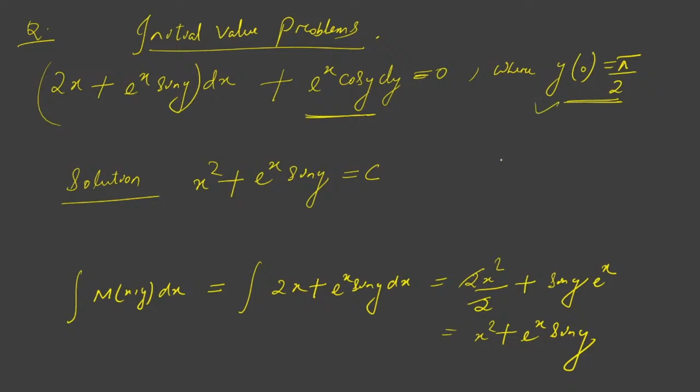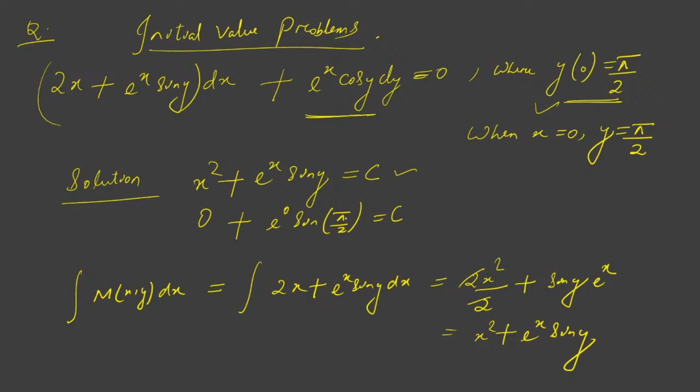But in the given initial value problem, it is given that when x is equal to 0, y is equal to pi by 2. So let us put x equal to 0 in this equation. So this term will be 0. So 0 plus e to the power 0 sin pi by 2 is equal to c.